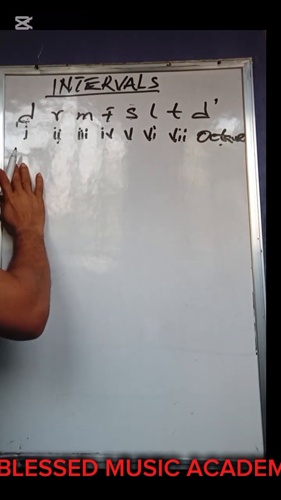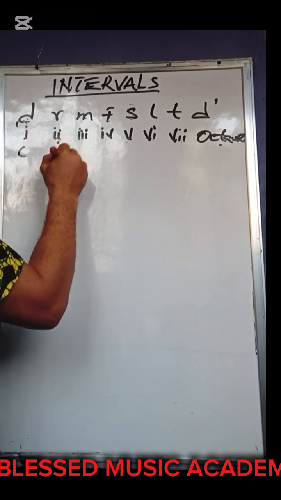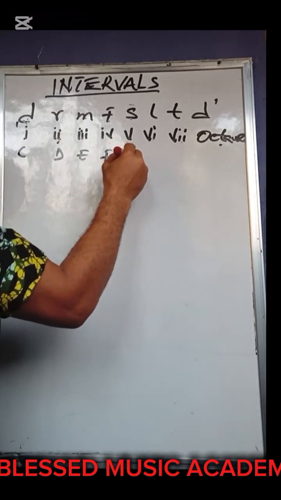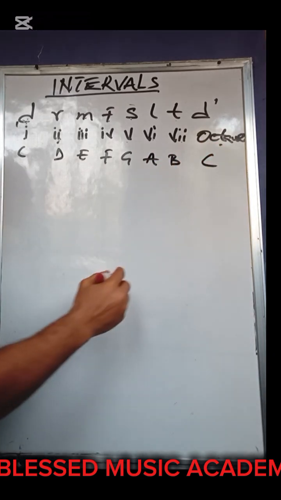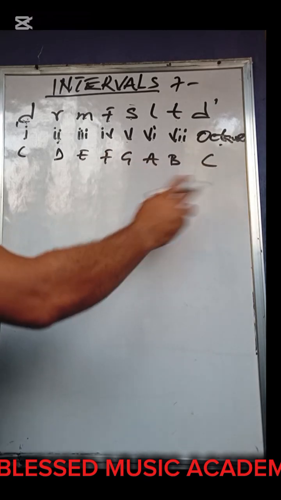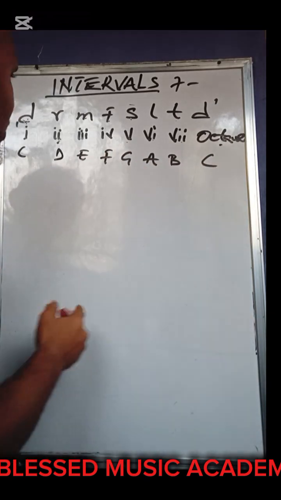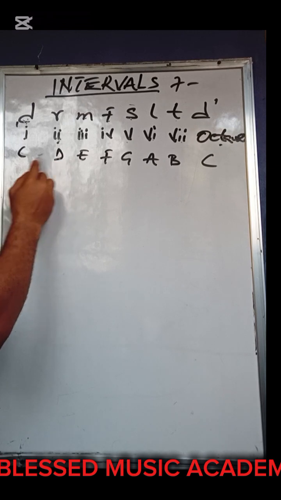Okay, so I'm on the key of C major, so this becomes my C, D, E, F, G, A, B, and C. Remember, we use 7 alphabets in music from A to G. Once you get to G, you go back to A. All right. So distance between C and D, it is what?